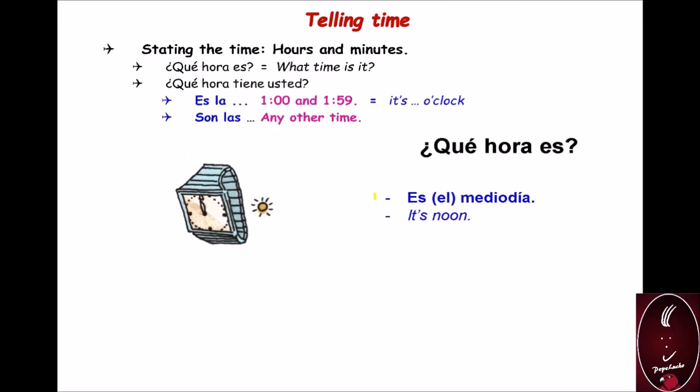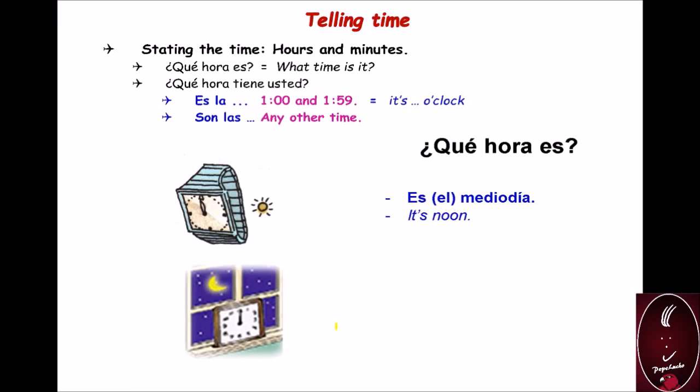Here, we use es el mediodía, or we can use just es mediodía. ¿Qué hora es? The same. We can use es la medianoche or es medianoche. That's the way we answer the question, what time is it?